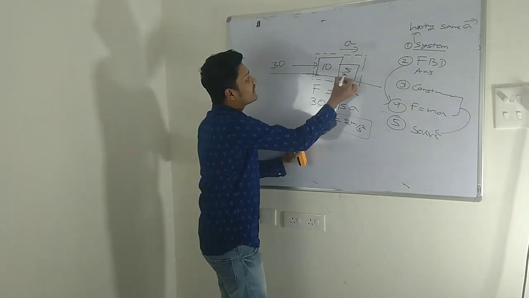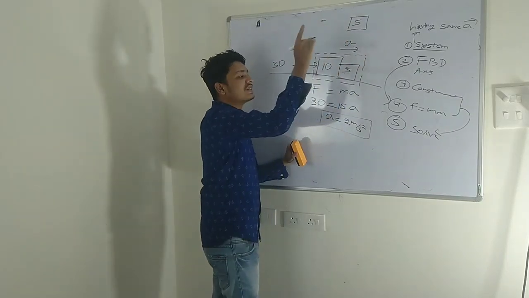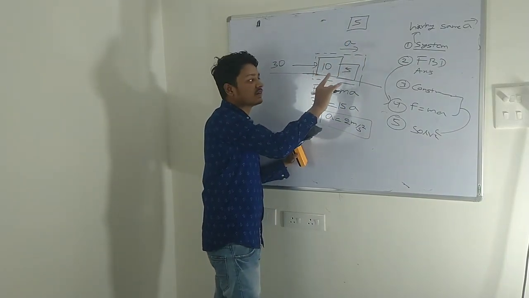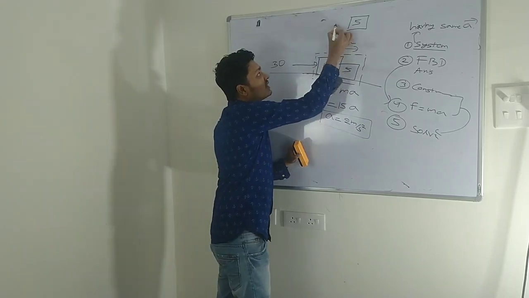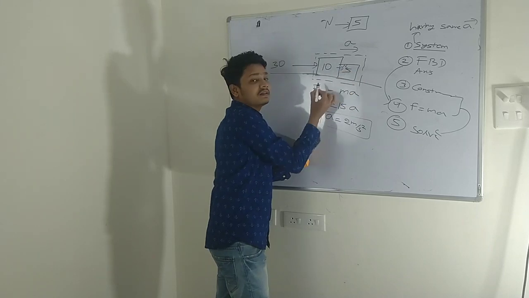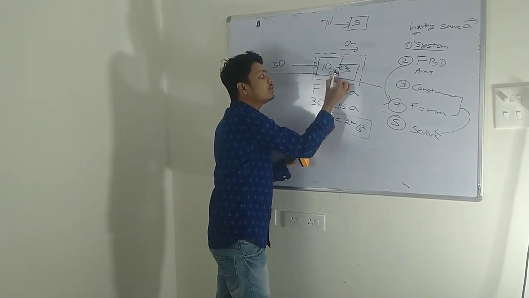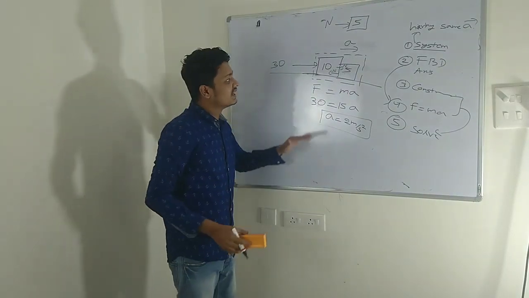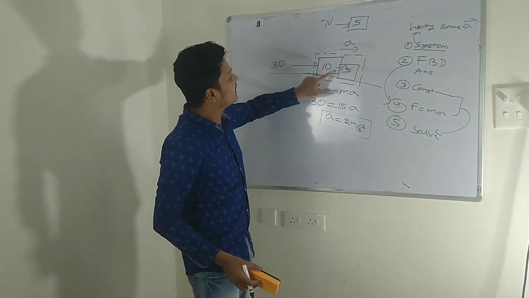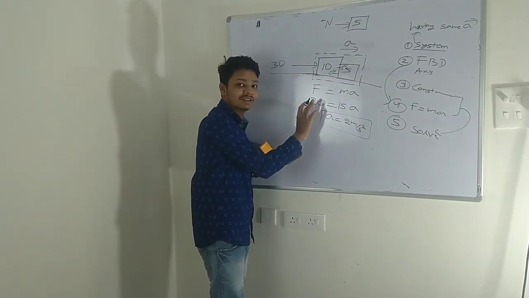Now take 5 kg as a system, and what are the forces acting on the 5 kg mass? This is the normal force acting on 5 kg due to 10 kg, and another force acting on 10 kg due to 5 kg. You will say, sir, why didn't you take the normal force when I am considering 10 and 5 as a system?